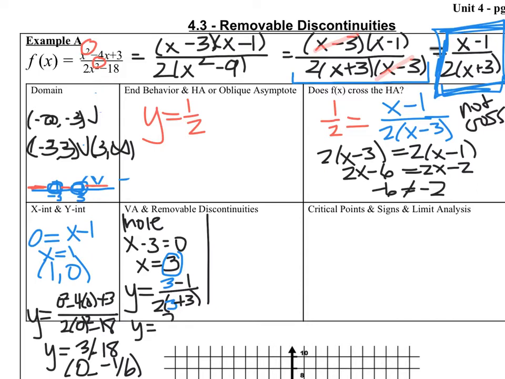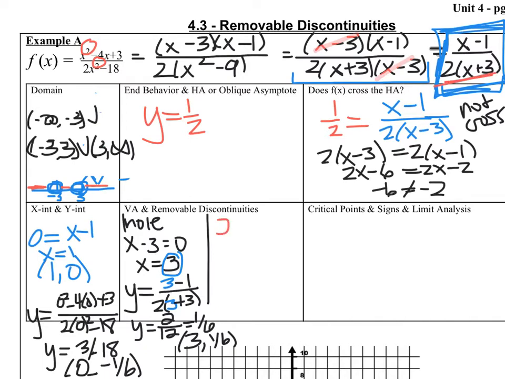So y equals 2 over 3 plus 3 is 6, times 2 is 12. So that would be 1/6 reduced. So my hole is at the point 3, 1/6.